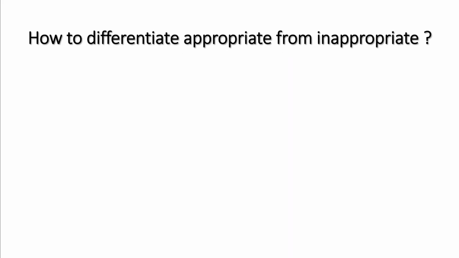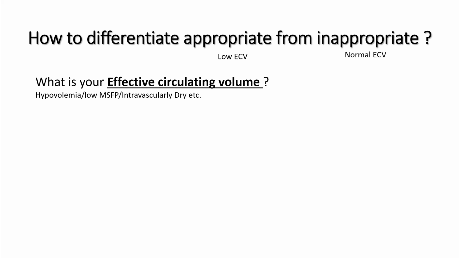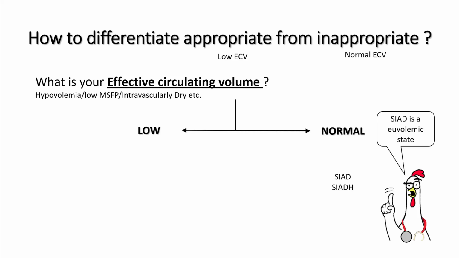Whenever you deal with a high ADH state, the first step is to differentiate appropriate from inappropriate. And if you remember, low ECV is another stimulus for ADH secretion, which is considered appropriate. If your effective circulating volume is normal, you are dealing with a condition like SIAD, syndrome of inappropriate antidiuresis.